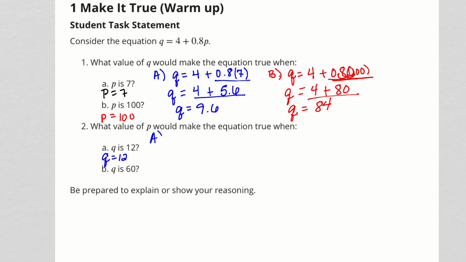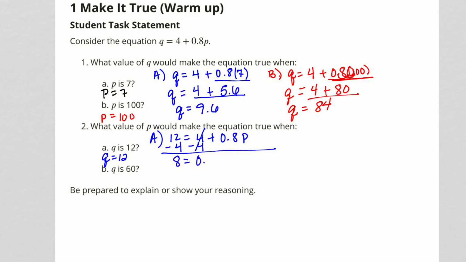So for A, we're going to have 12 equals 4 plus 0.8 P. Now we're going to solve for the P. Our first thing to do is subtract 4 from both sides, to get rid of this 4 on the right side. 12 minus 4 is 8.